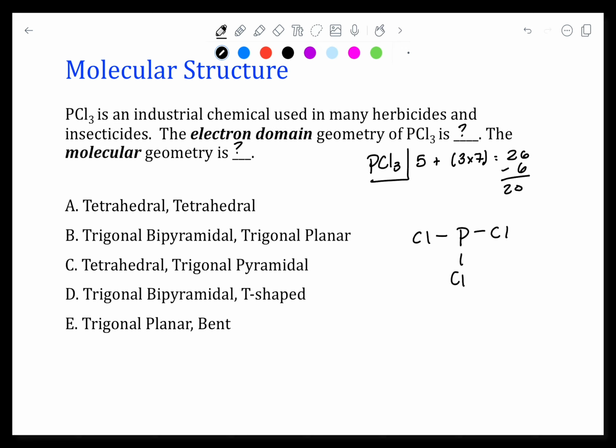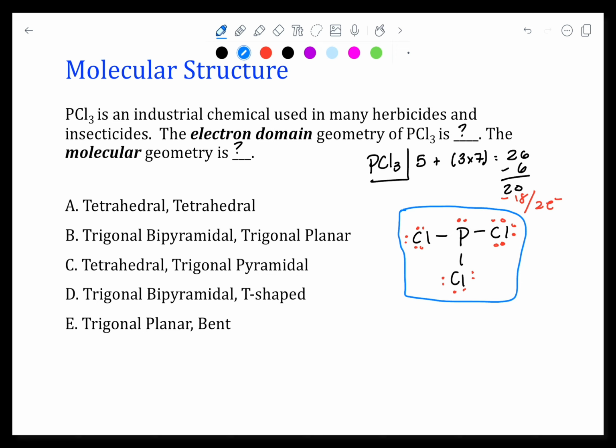I have 20 left. I need to complete my octets on my chlorines. That uses up 18. I have 2 electrons left. I'm going to put those right on my phosphorus in order to complete my octet. Okay, so that is my structure here.